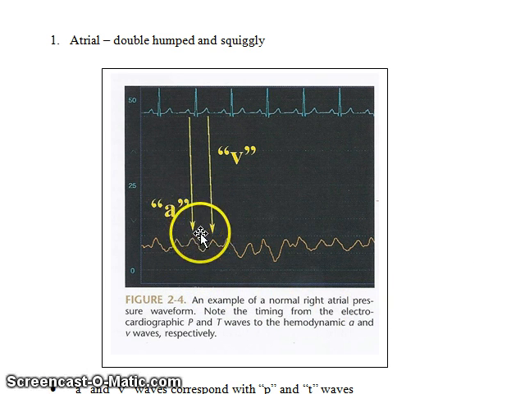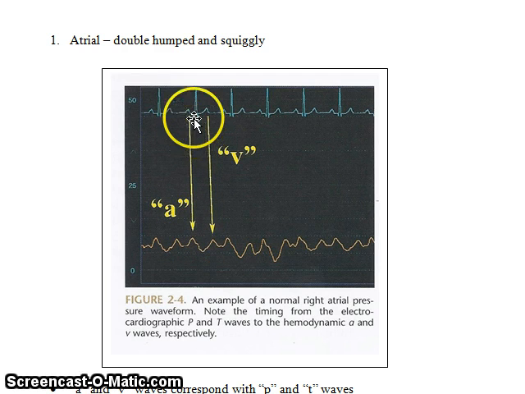So double humped, meaning there's two times where the atrial pressure is higher, and it coincides with the EKG. The first is the P wave, which is atrial contraction, and so as you can see, along with the P wave is this upward deflection in pressure, so that makes sense.